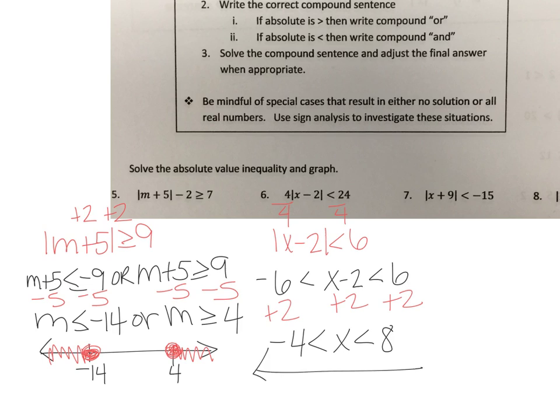And my graph, these are open circles. Less than 8 and greater than negative 4 is between negative 4 and 8. Questions?